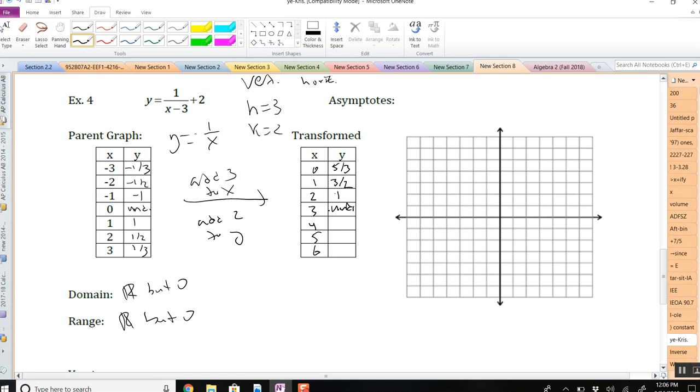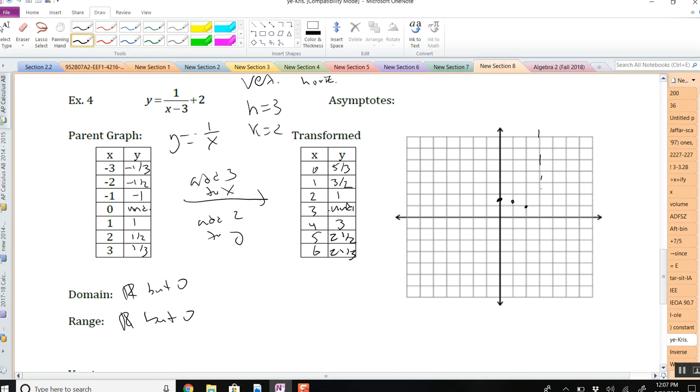Can't divide by 0. Then, of course, if I add 2, I get 3, 3.5, and oh, I'm sorry. Wow, I cannot add today. 2.5, my bad, and 2 1/3. Okay. So if I plot these points, 0, 5/3, 1, 3 halves, 2, 1.